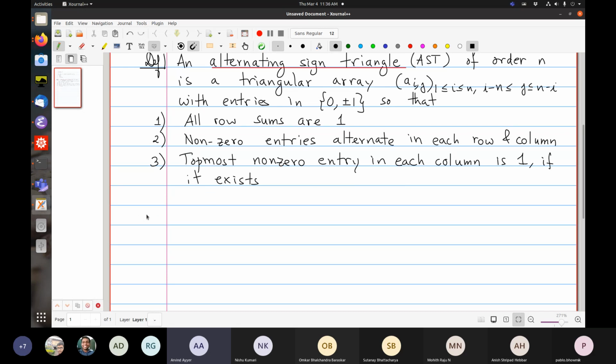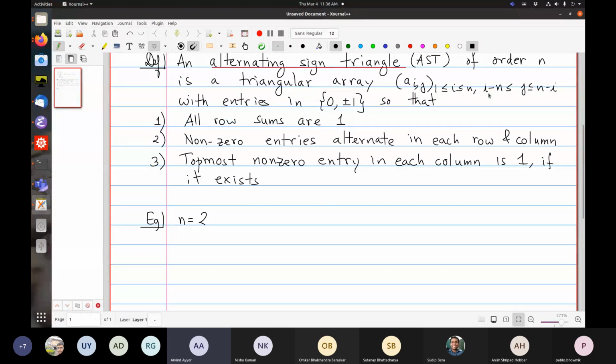Okay, so let's do the first non-trivial case. n equals 2 is kind of trivial, but maybe it's worth doing just so that you see the nature of the array. So there are two rows.